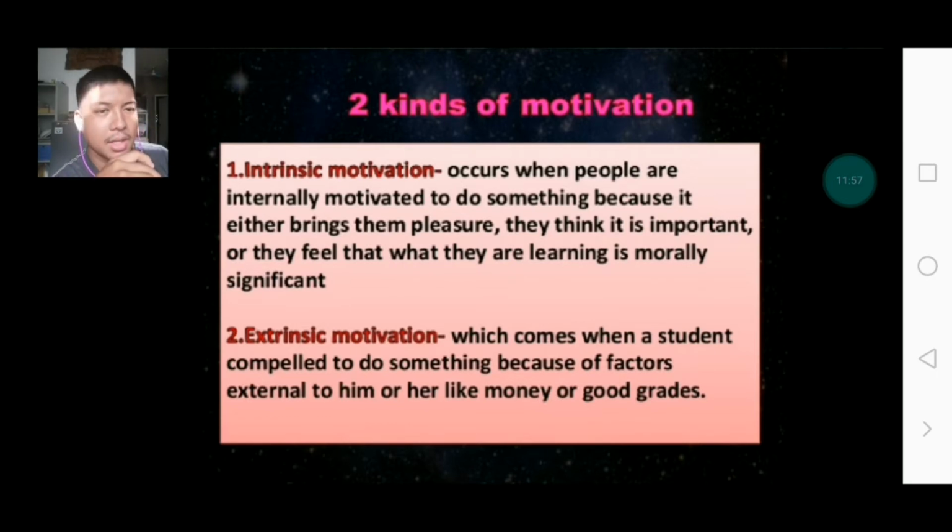It is usually like you are assigned to do this particular job, then you may get high grades, or you will get compensated. So it is not really internally motivated, unlike the intrinsic, where you are pleased by yourself to do that particular thing that can be helpful for you.